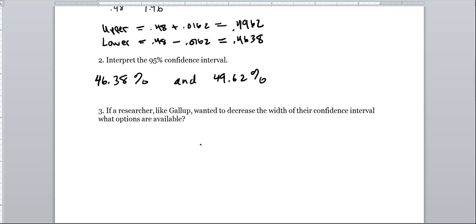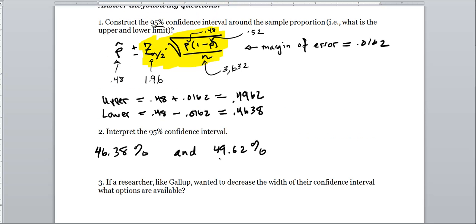Now, if a researcher like Gallup wanted to decrease this width, what options are available? Well, one option that we typically don't want to use is reducing Z. And so, how do I reduce Z?